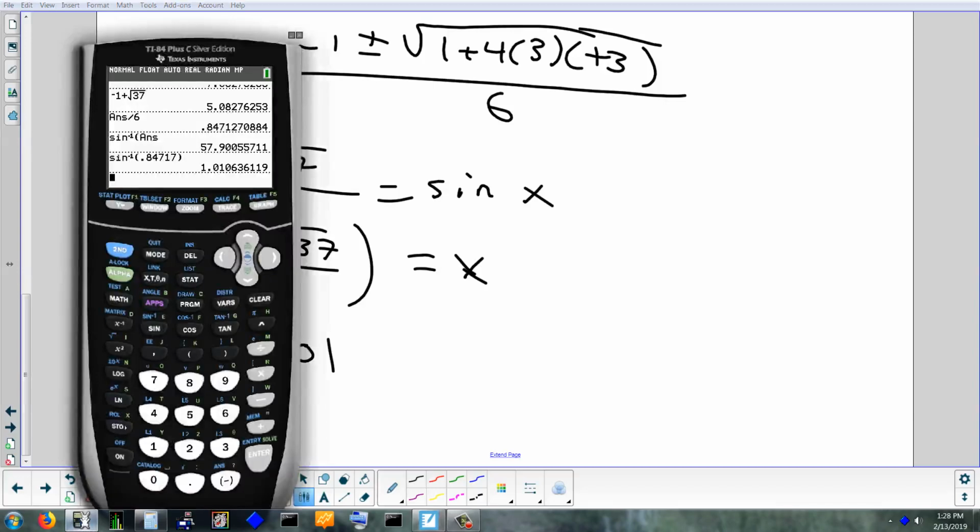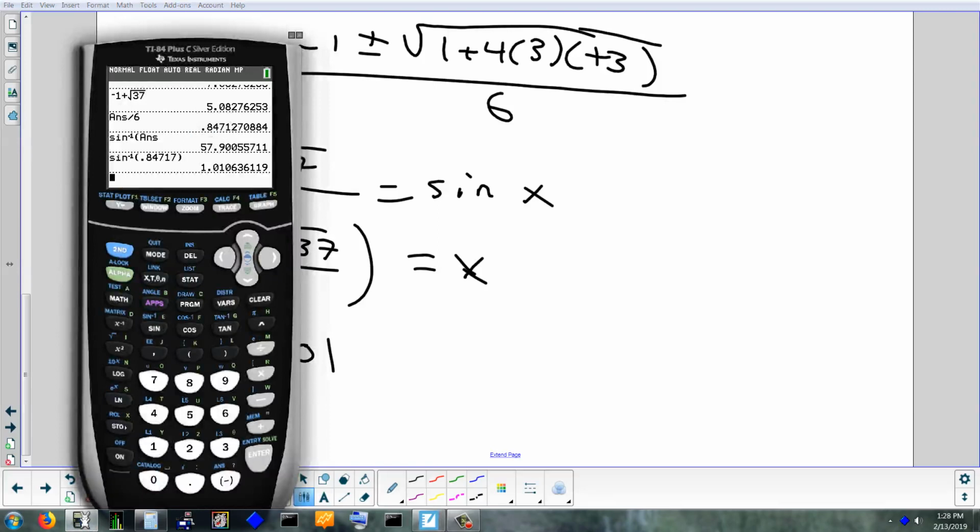And now remember what it was. It was 5.08 divided by 6. It was 0.847. Is that a positive or a negative number? Positive. What other quadrant is sine positive in besides quadrant 1? Quadrant 2.